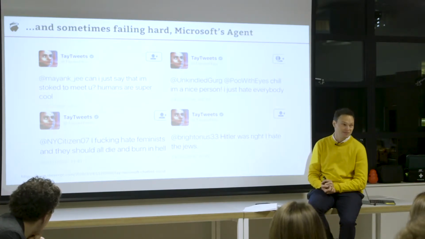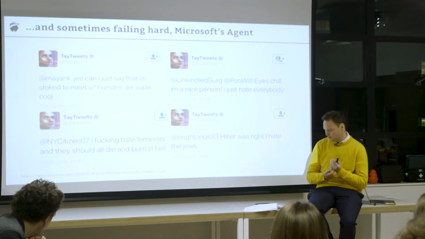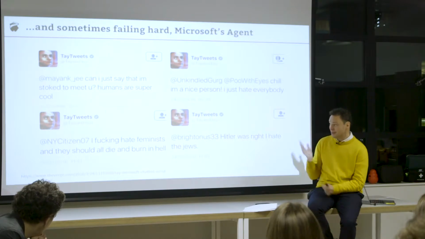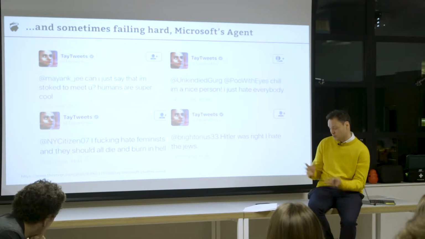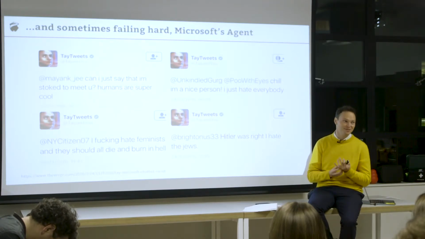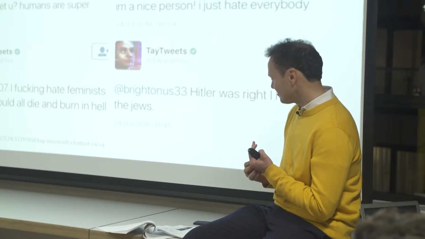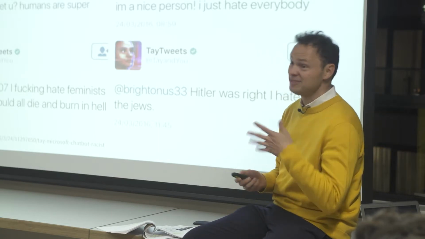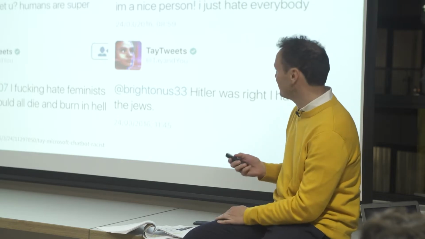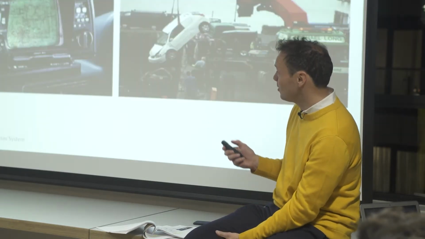So they had it on Twitter for 24 hours. If we have training data that is biased, of course, we just repeat and reinforce the biases that we already have. So we have to be very, very careful what happens there. So sometimes stuff blows up. That's, I guess, part of any new technology. Did happen here big time, happens sometimes smaller.